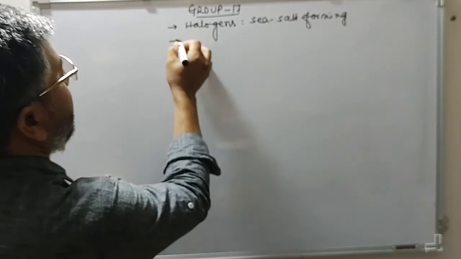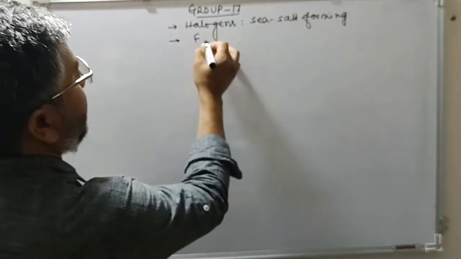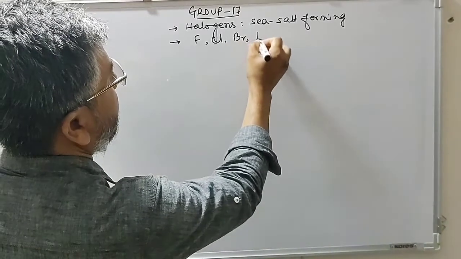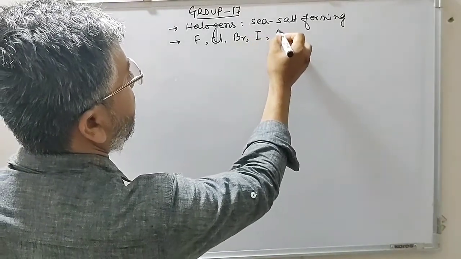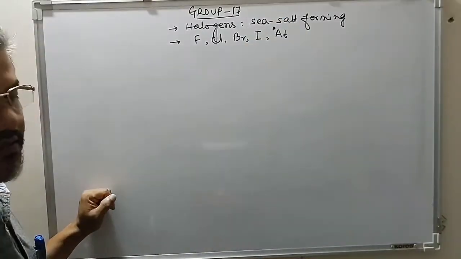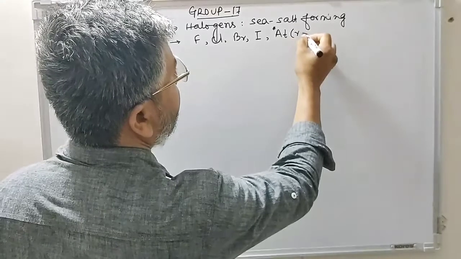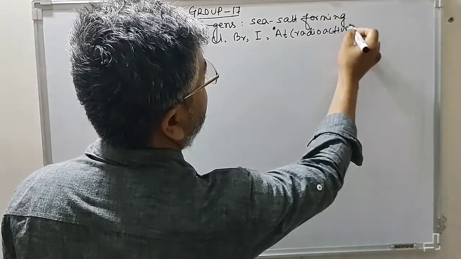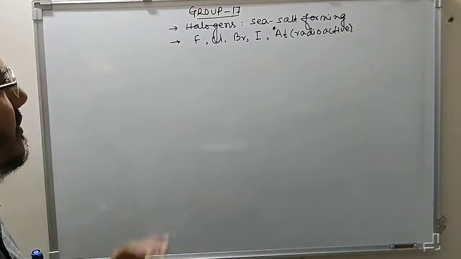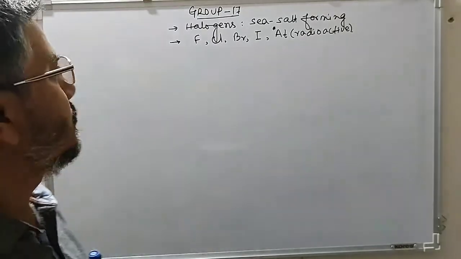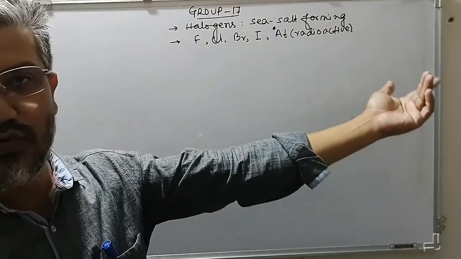The elements of this group 17 are fluorine, chlorine, bromine, iodine, and the last one is astatine. This last element, astatine, is radioactive, and all these elements are found in sea as the salts. Because of this, these are known as halogens.